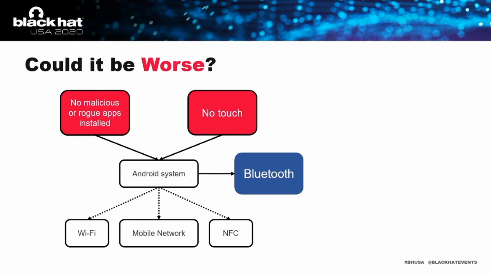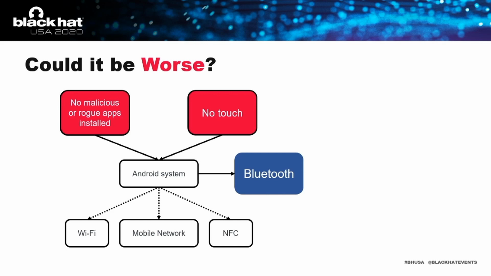Such as, if the app is not installed in advance, and the attacker doesn't touch your phone at all, can we also steal the phonebook, short messages, and so on? I tried to start with the wireless systems of the Android phone, like Wi-Fi, mobile network, and NFC.